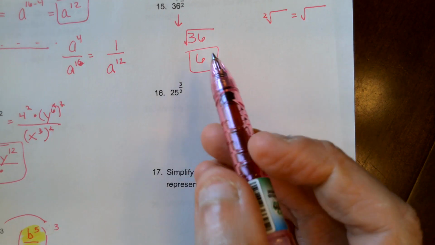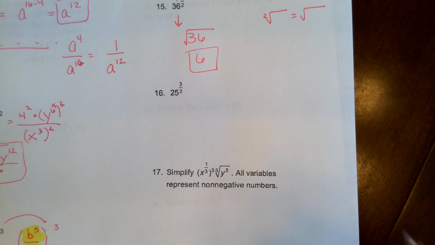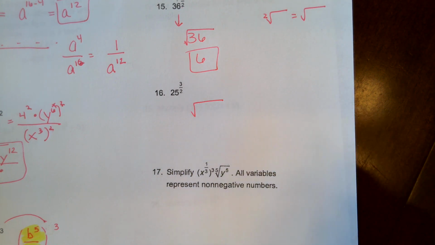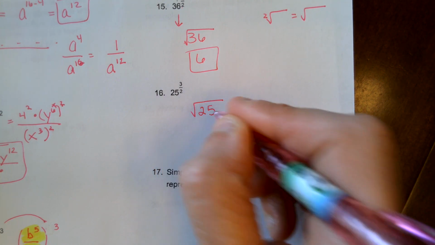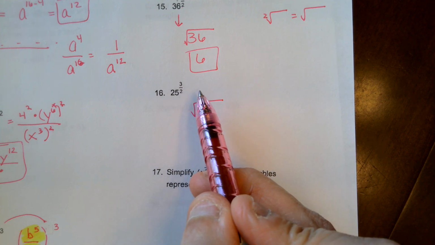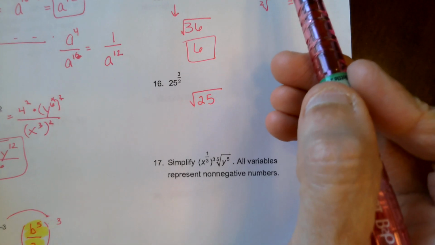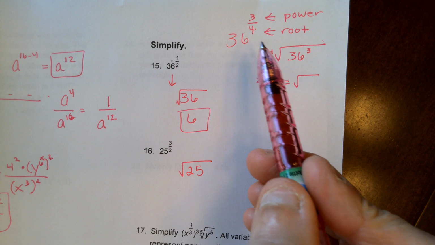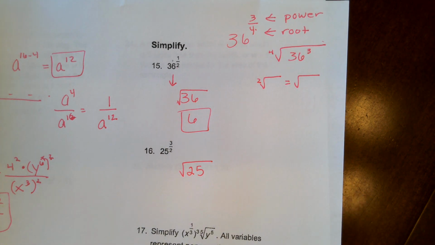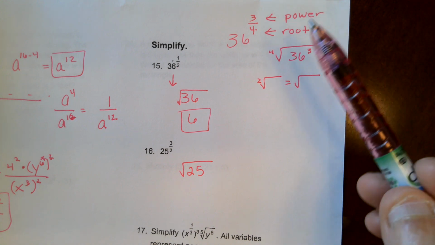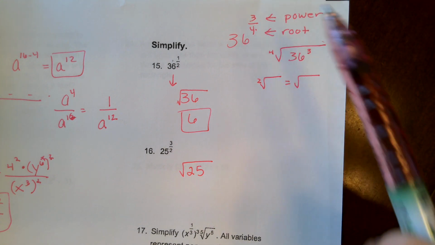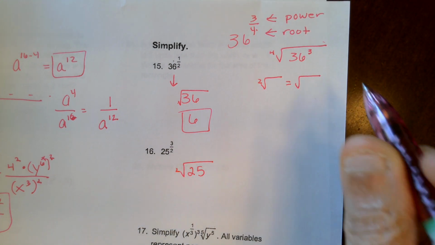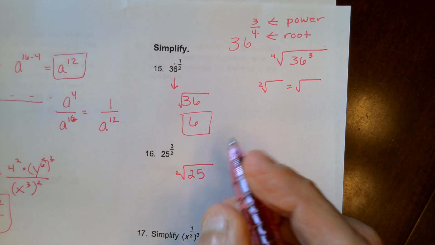So let's look at this one now. Okay, so what is the root and what is the power? The root is the bottom, remember, and the power is the top.